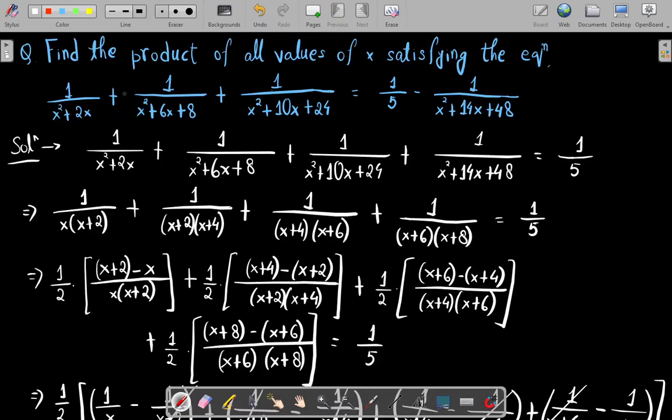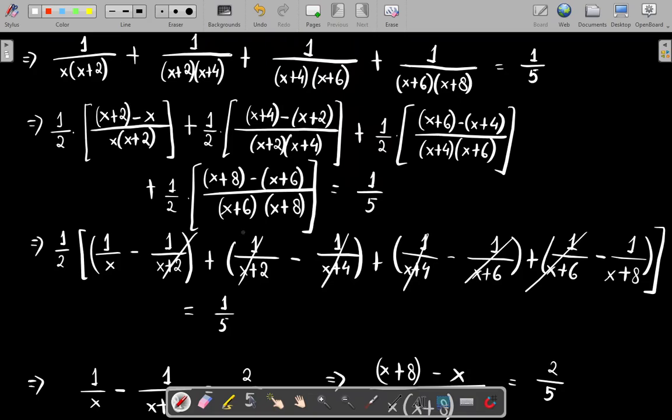So we did not have to expand this equation and take the LCM like this, because the pairs in the denominator were equispaced, right? The difference between the pairs was constant. It was a fixed difference, right? So in case of fixed differences, we usually try to resolve it into partial fractions, because the terms usually get cancelled out alternately.